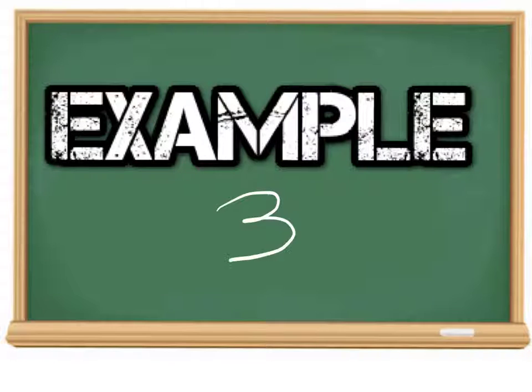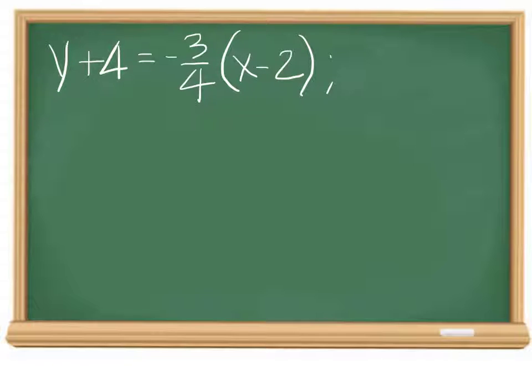Here's another example. The equation is y plus 4 equals a -3/4 times the quantity x minus 2. You're looking for a line that is perpendicular and passes through -4, 6.